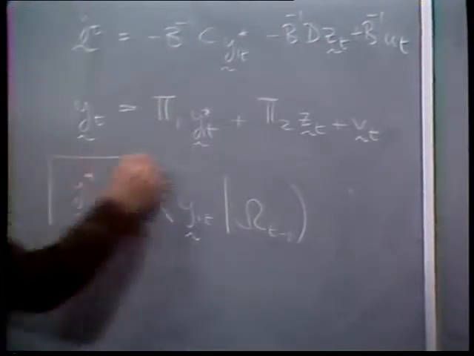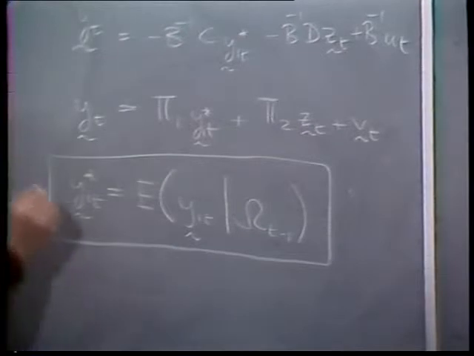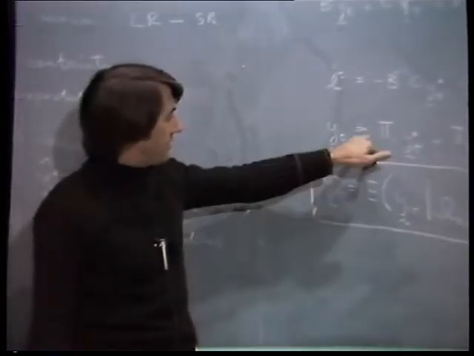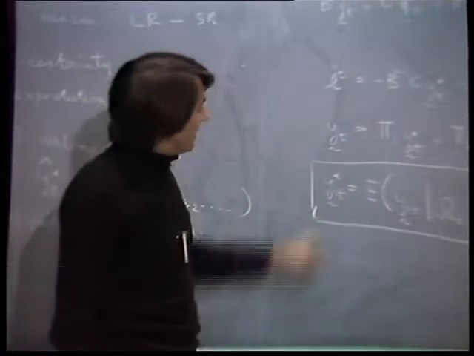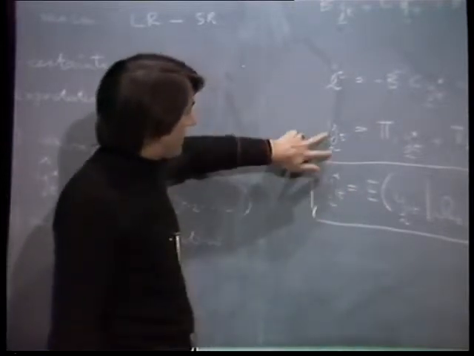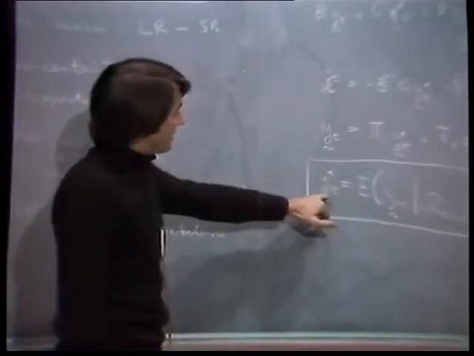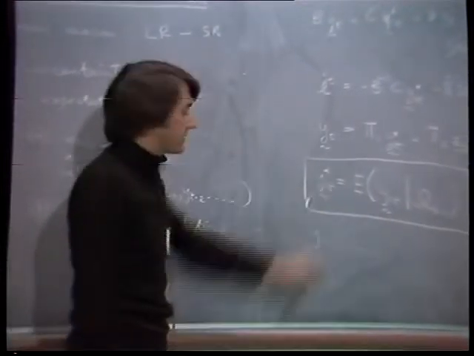So this is the important step in rational expectations. All we now have to do is to see how this can be obtained from the model. Well, the first thing we have to do is to partition the reduced form, because we're only considering a subset of the endogenous variables.